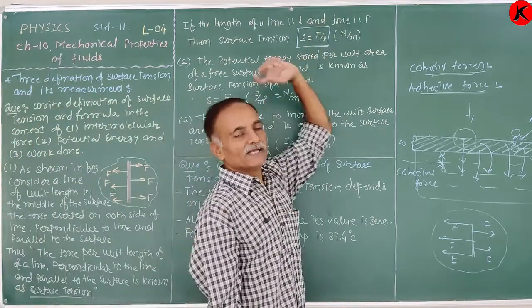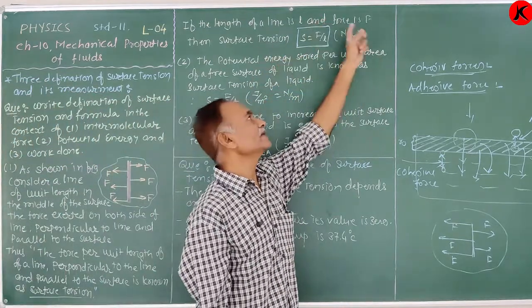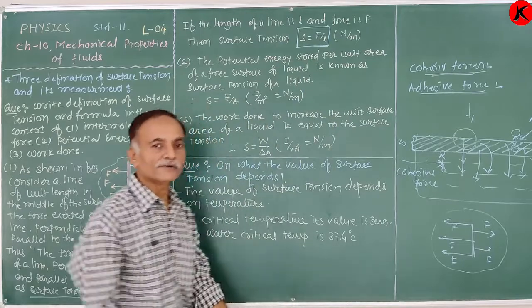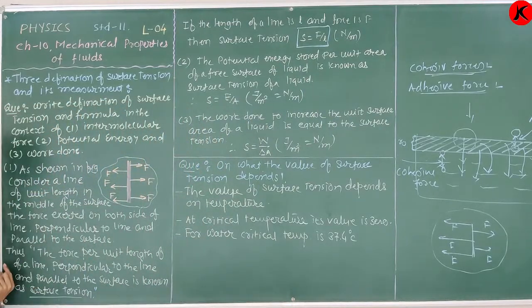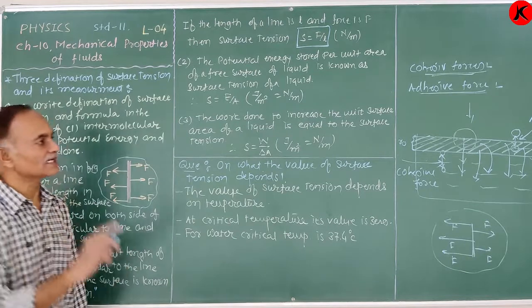The SI unit: F is in Newton, length is in meter, therefore Newton per meter. Again, repeating the definition on the basis of intermolecular forces: the force per unit length of a line perpendicular to the line and parallel to the surface is known as surface tension.